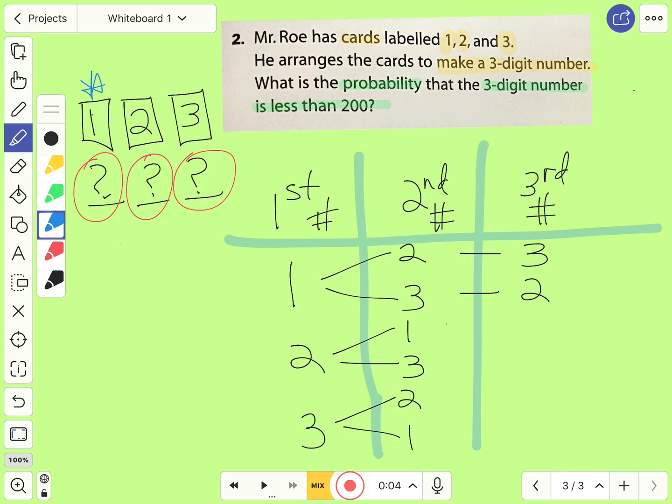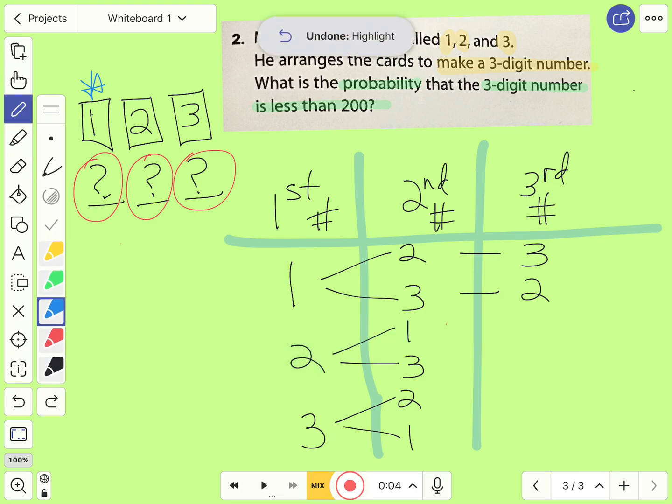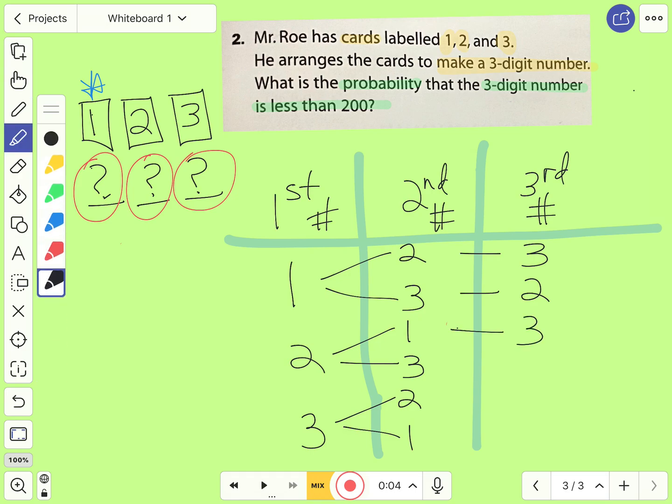All right, how about if the first card was a 2 and the second card was a 1? What would the third card be? There's only one option. It would have to be the 3. And if the first card was a 2 and the second card was a 3, the only option for the third card would be the 1.